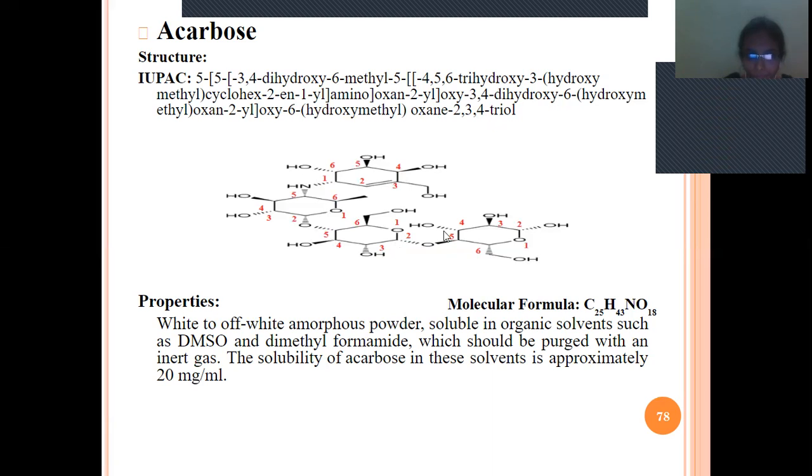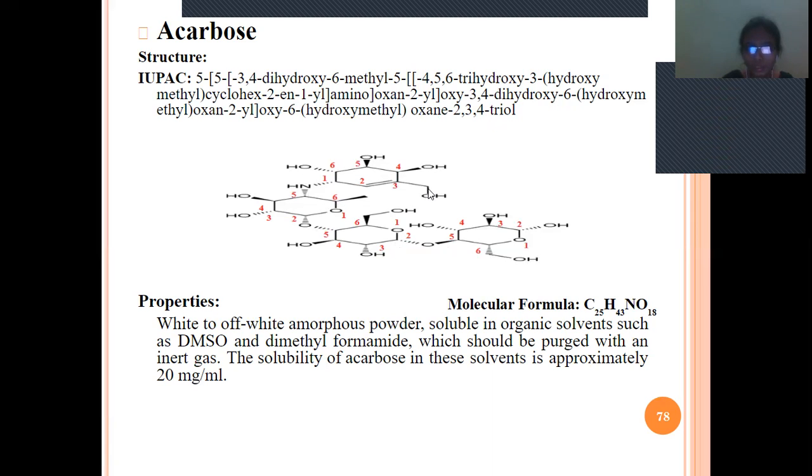So if you see here, 5, 3,4-dihydroxy-6-methyl, here 5, 4,5,6-trihydroxy.